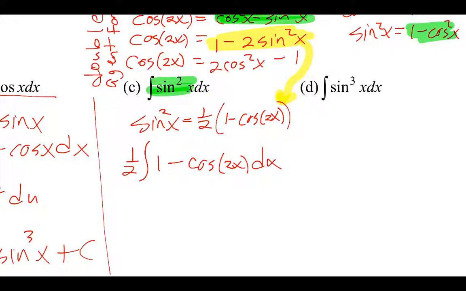Okay, so here goes. We go 1/2, the integral of 1 is just x. And then cosine of 2x, that's going to be like a u substitution. If I made u equals 2x, can you picture the 1/2 coming out front? It's going to be 1/2 sine 2x because of that compensation.